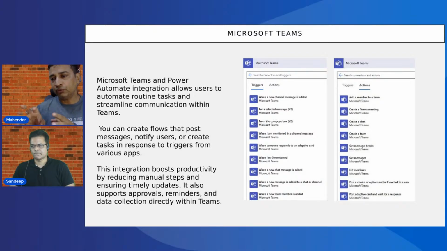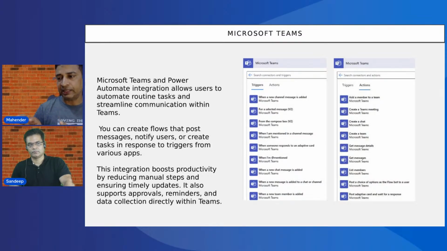Mostly companies use Teams for their day-to-day communication in the office, so when they use the Teams connector, they can send the notification, and immediately they will get it on that Teams channel, and from there they can start acting on the response. These are the controls and connectors that we are going to use today for doing this sentiment analysis.